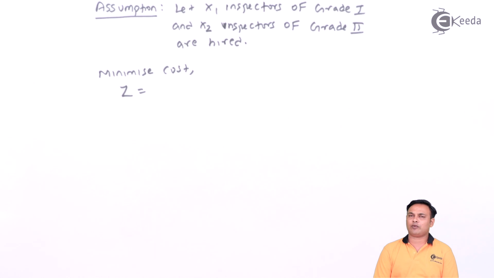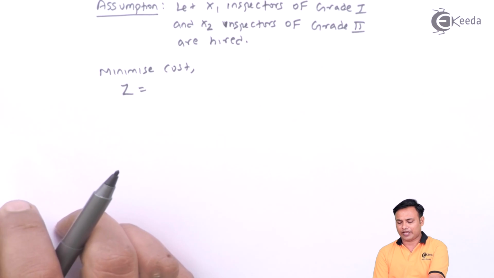Now the cost here will be of two parts. First will be the cost of hiring the inspectors, and second will be the cost of error committed by those inspectors. We need to do that calculation first. For that I'll take a new page.